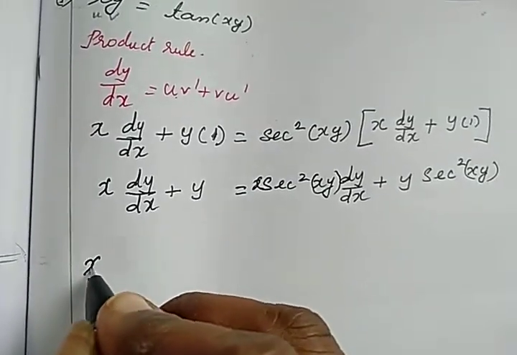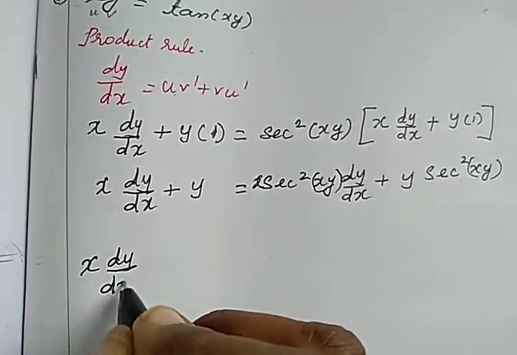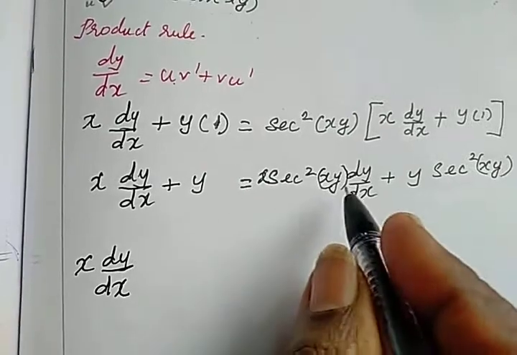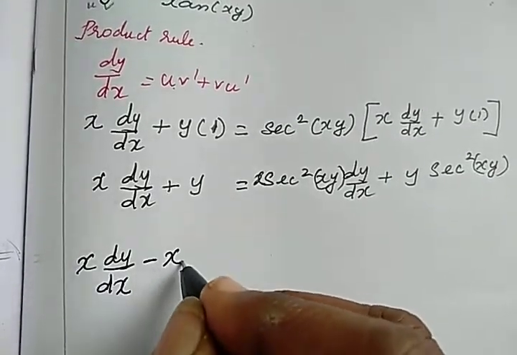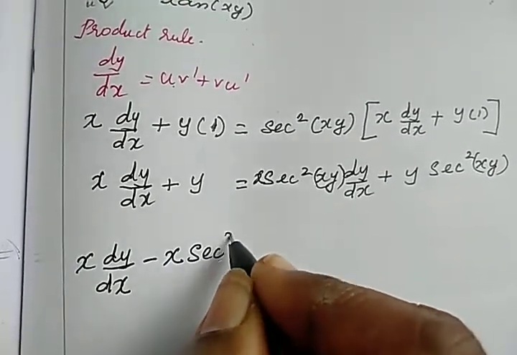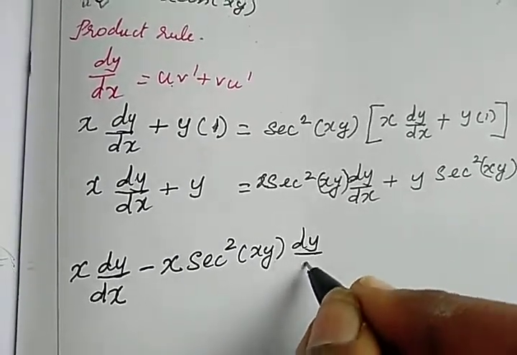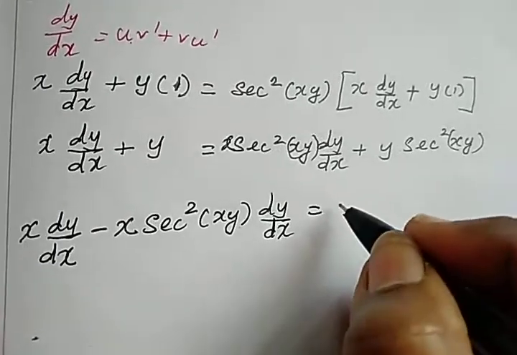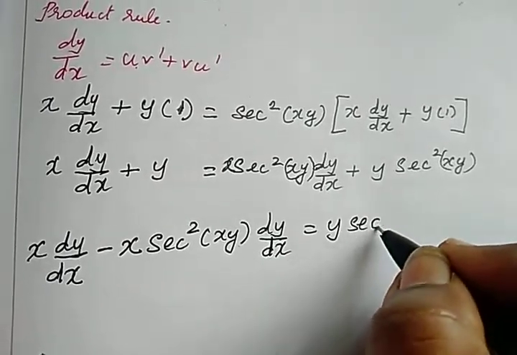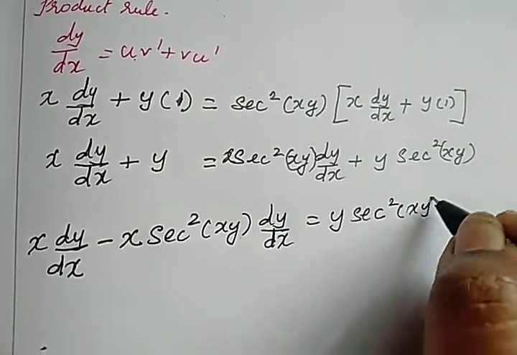Now x dy by dx, you can keep on the left hand side. Bring this x term to the left hand side, so it becomes minus x secant squared xy into dy by dx. On the other side, the right hand side, y secant squared xy you can keep as such.